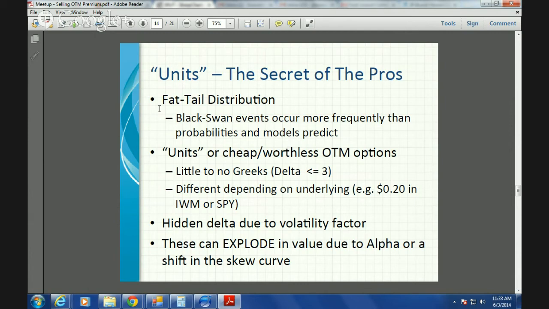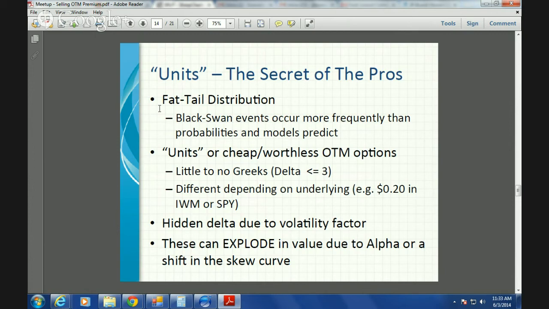They cost different amounts depending on the underlying. For example, a unit could be around 20 cents in the IWM or the SPY, but it could be closer to $1 if you're talking about the Russell or the SPX.